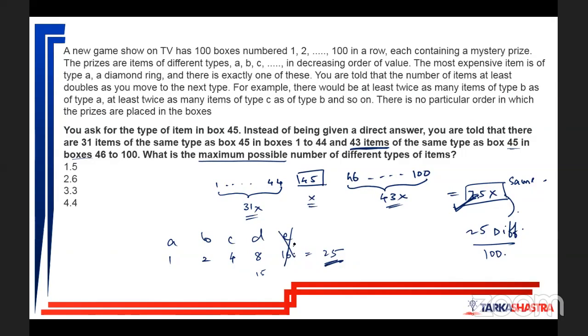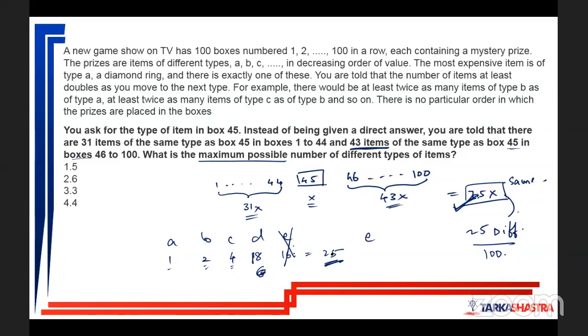So what we can do? So this is 1, this is 2, this is 4. So 7 are gone. We can have 18 of type D. Okay, 18 of type D. Correct.